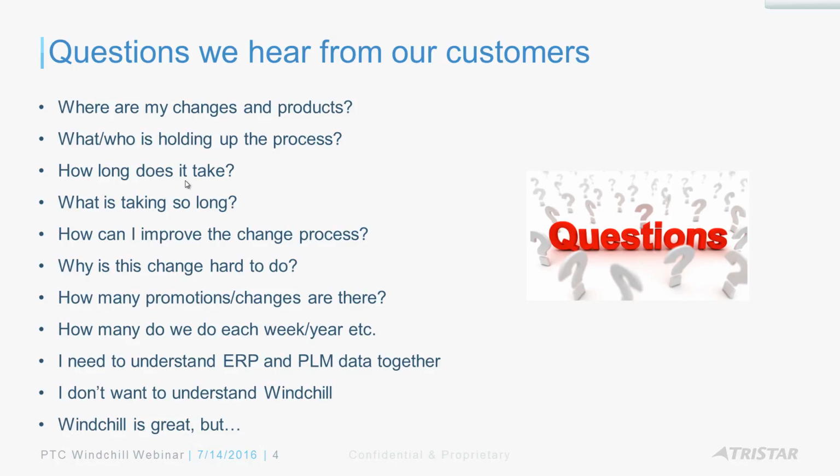What is holding up the process? Whether you have a change process, a release to manufacturing process, approval processes, or reviews, what is holding these up? How long does it take to do certain things? Why are things taking too long? How can we improve our own internal ECN or Windchill change processes?